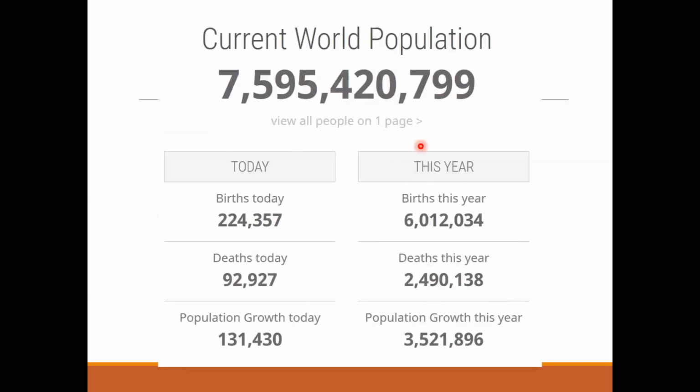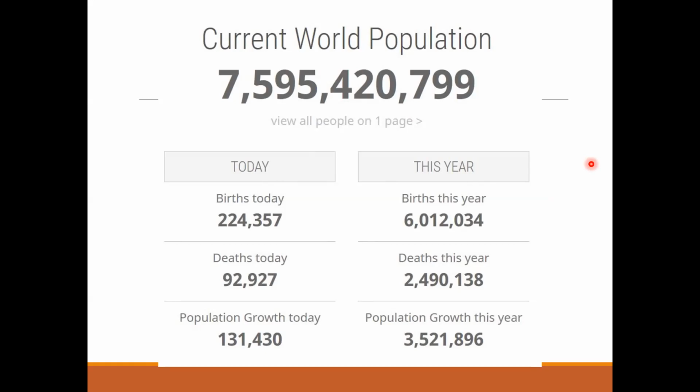Okay, so this is another one of those interactive pages that if you click on it, it will take you to the World Population Clock, where you can actually watch this population change. So this is not updated for today. This is a couple months old, I believe. And so you can click on this and it will show you the world population changing in real time.